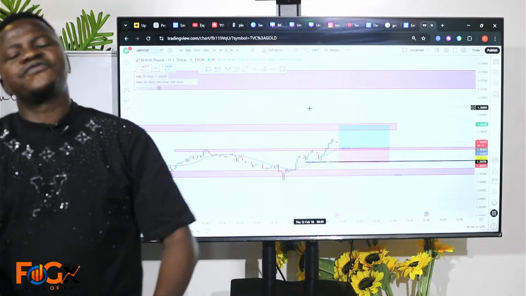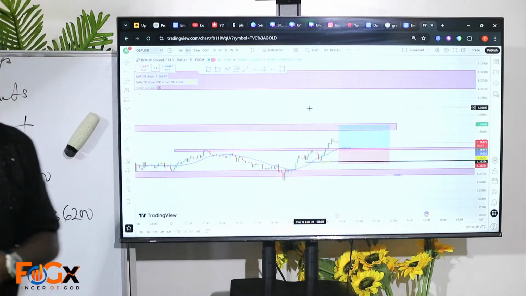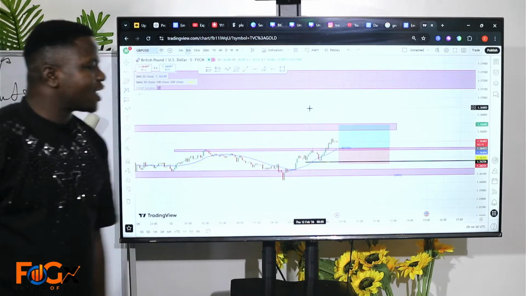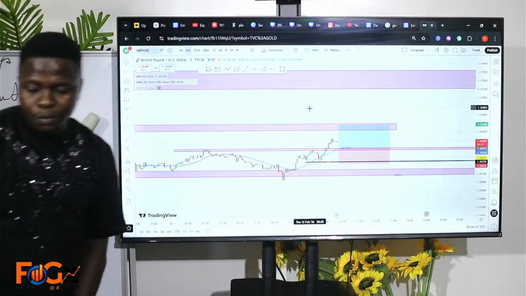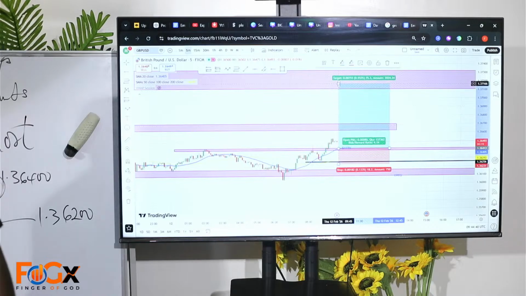For example, our TP1, if we place our trade at that entry and we put our stop loss here, our TP1 is 1.449 somewhere here, then TP2 is 4%.